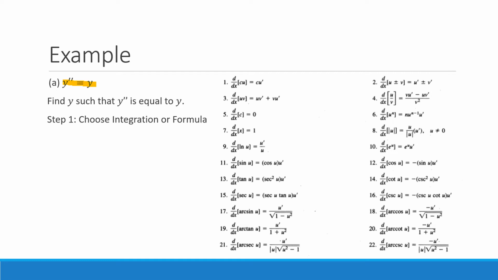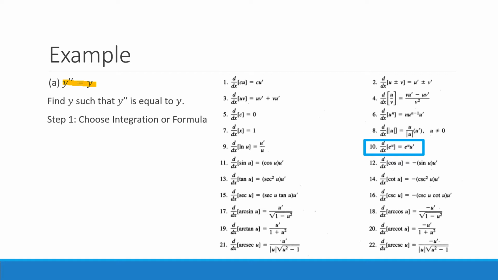To find the formula, you would typically look at some differential equation charts such as this, where it has derivatives or integrals. After scanning through some kind of table or chart such as this, we find that if we look at the derivative of an exponential function, the result is the exponential function times the derivative of the exponent itself.